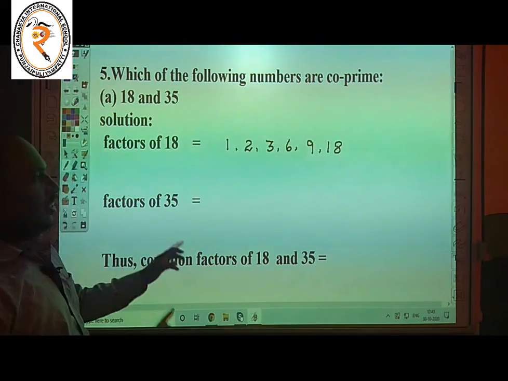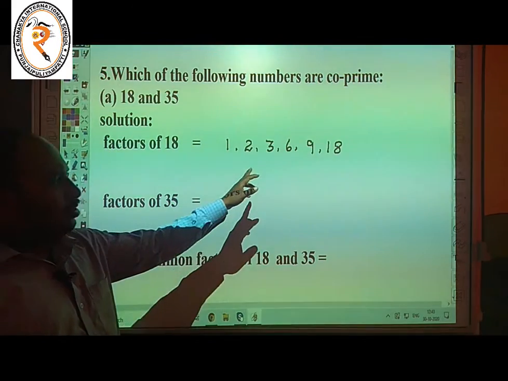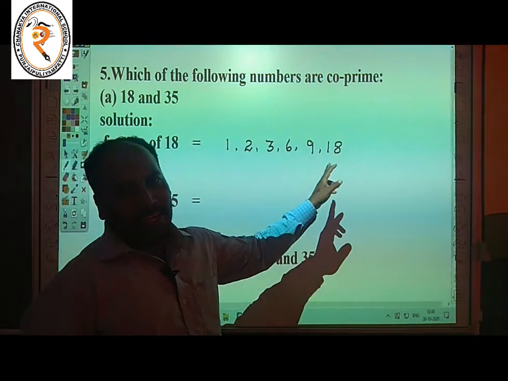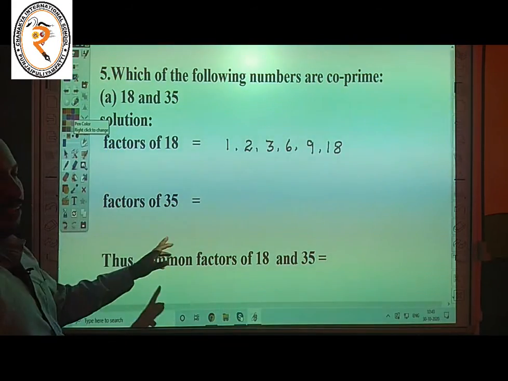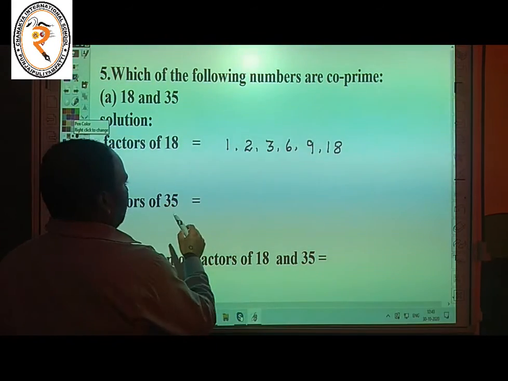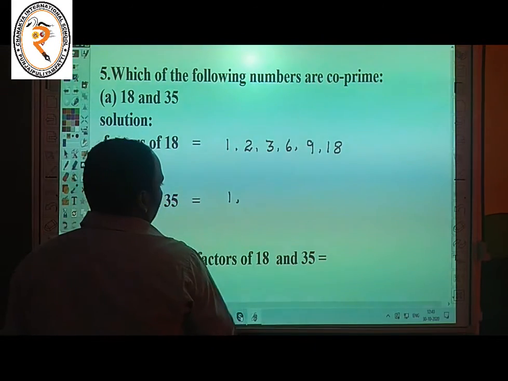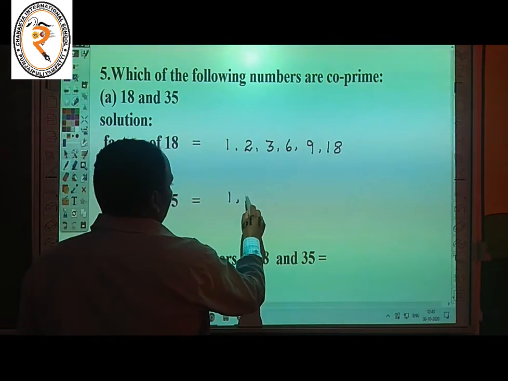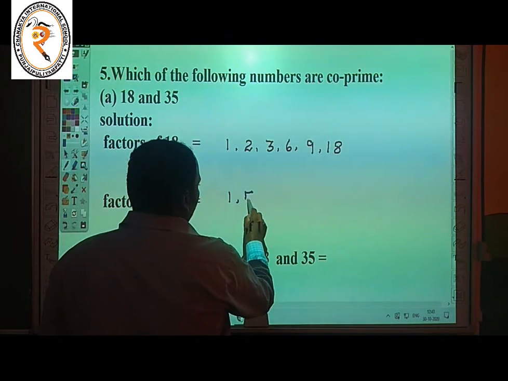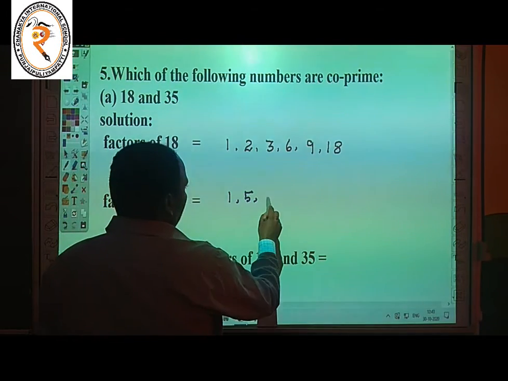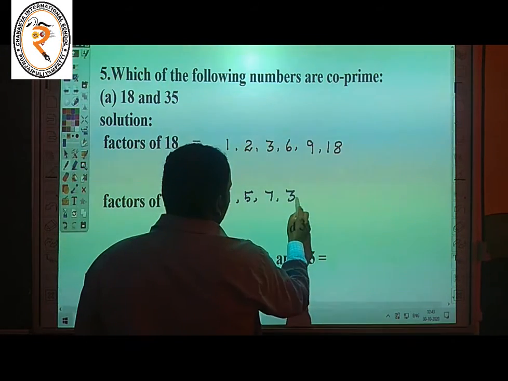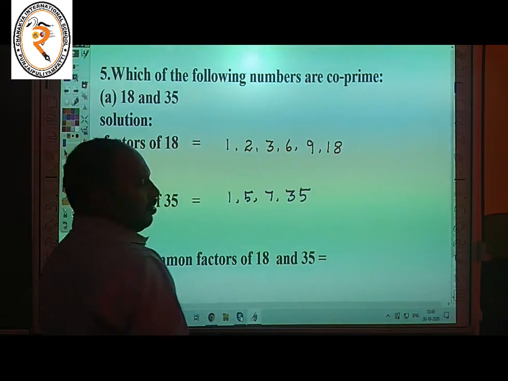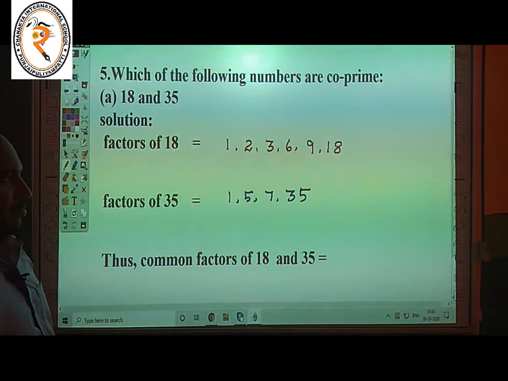Listen here, factors of 18 are 1, 2, 3, 6, 9 and 18. The next one, factors of 35. Factors of 35 are 1, 5, 7 and itself.